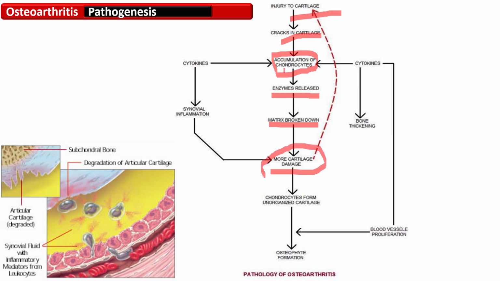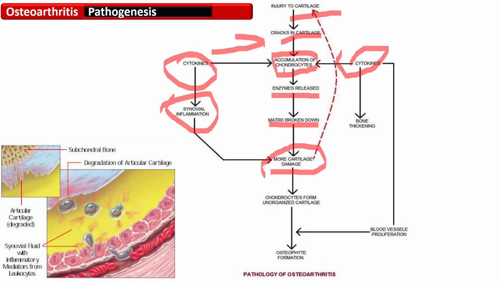Simultaneously, due to release of various cytokines, the synovial membrane is thickened and inflamed. It also takes part in the damage to the cartilage, and it is responsible for changes in the chondrocytes also. Cytokines are also responsible for thickening of the bone and proliferation of the blood vessels.